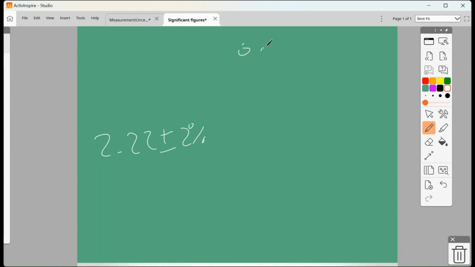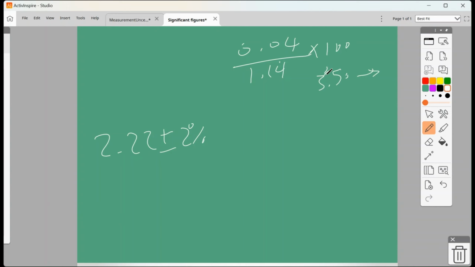So 0.04 divided by 1.14 multiplied by 100 gives 3.5, 3.50, and then it continues.